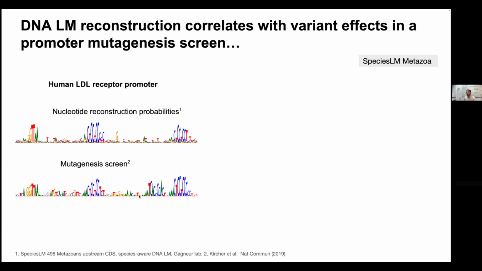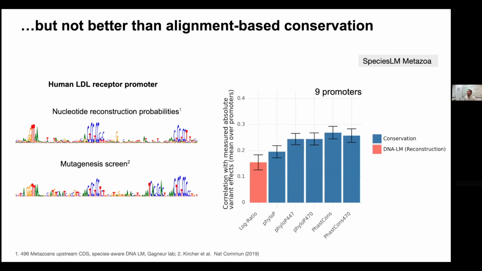In this specific example, they seem to already agree quite nicely. However, if you check the correlation between, for example, the reconstruction or the log ratio and the variant effects, it's still not better than taking the scores from PhyloP and FastCons, which are based on alignment and conservation.